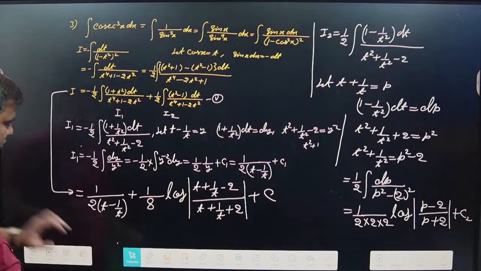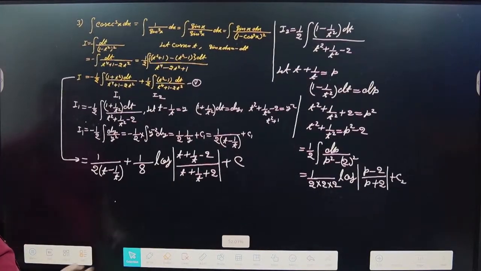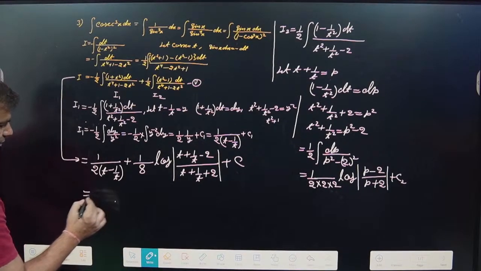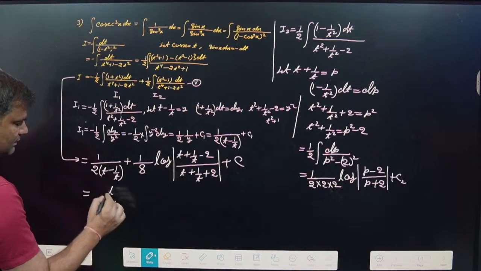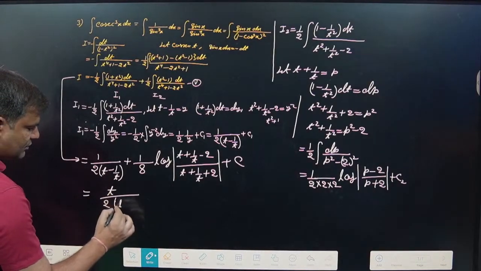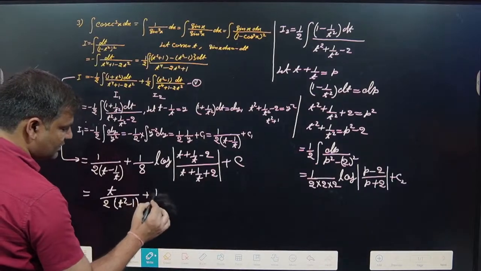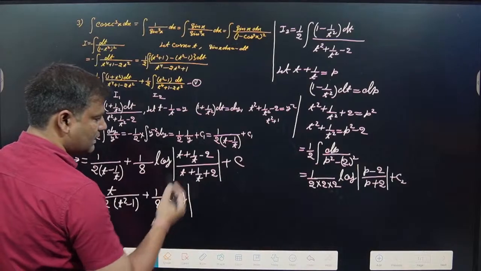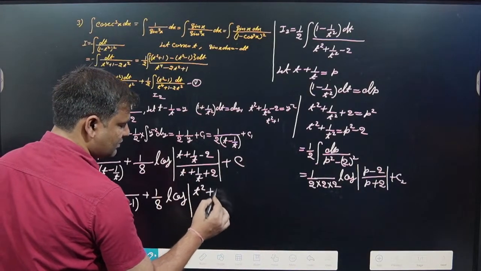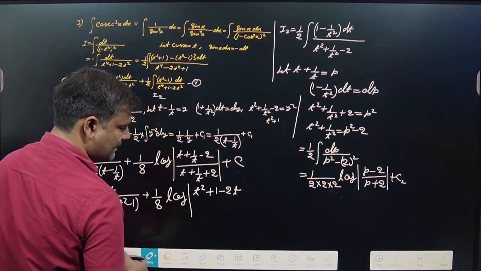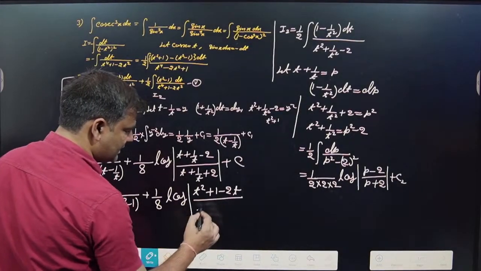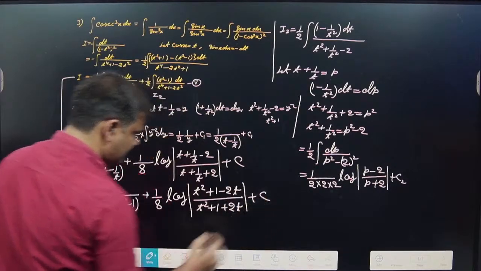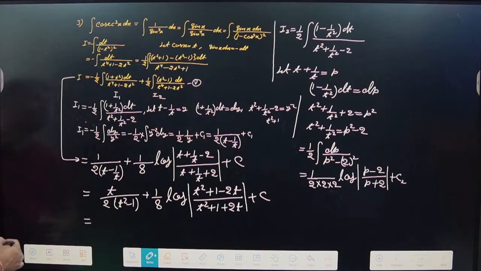Now look here very carefully. This is written as t divided by 2 into t square minus 1, plus 1 by 8 into log of t square plus 1 minus 2t, divided by t square plus 1 plus 2t, plus C. Now t is replaced by cos x.